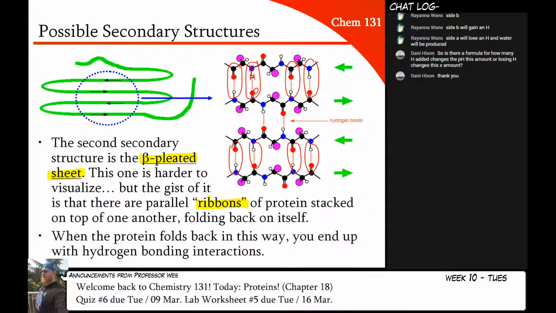But these types of interactions are actually very common because the identity of the amino acid is more or less irrelevant. As long as the R groups don't get in the way such that they push these protein chains too far apart, you can form these hydrogen bonding interactions with any amino acids that you want, except for proline. Proline is the weird one.